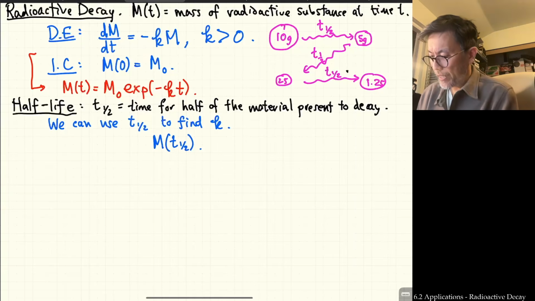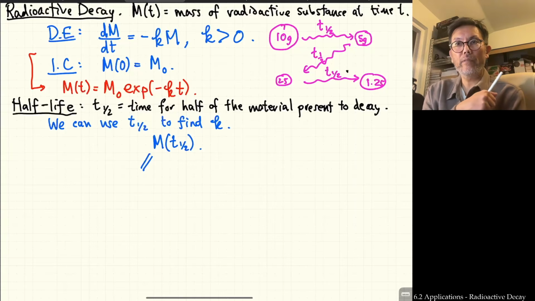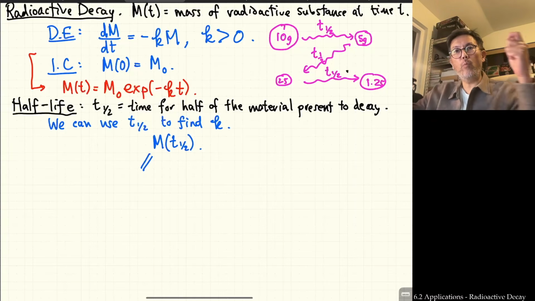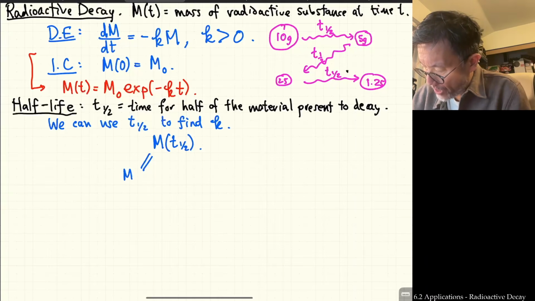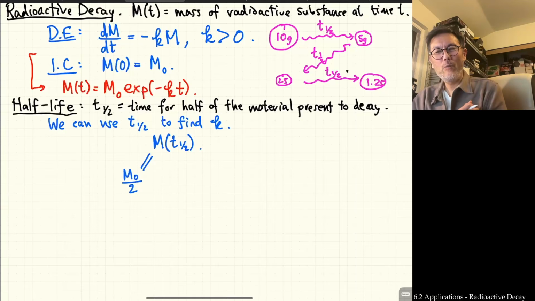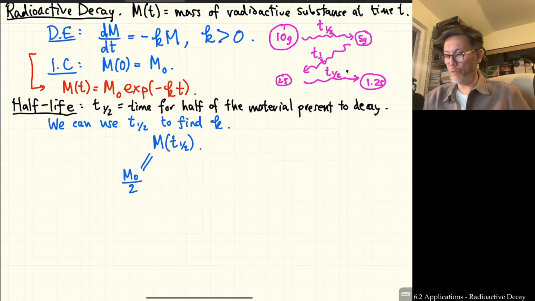Well, on the one hand, it is half of m naught, right? m naught is the amount present at time t equal to 0. We're going to wait 1 half-life, t sub 1/2, plug that time into m, and the amount that we should get out is m naught over 2.